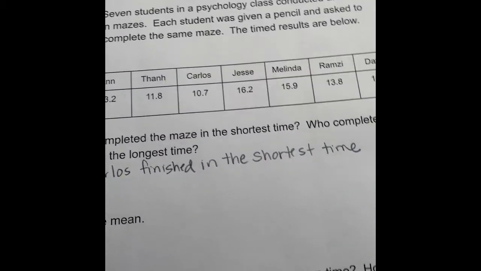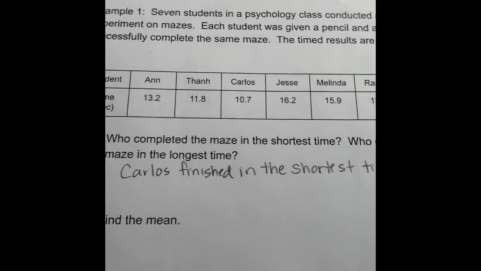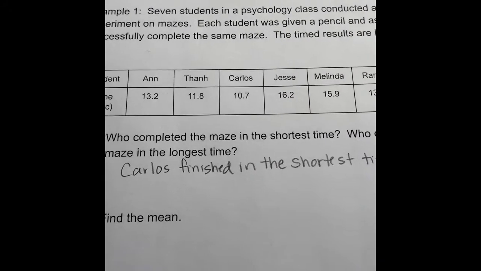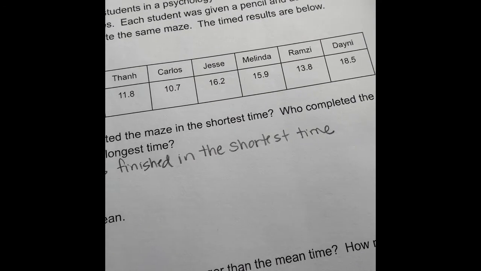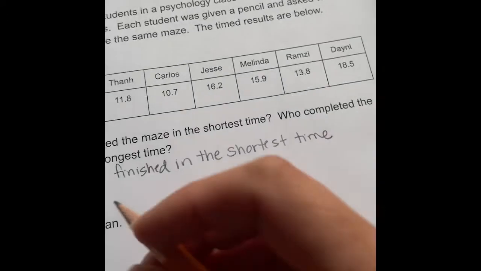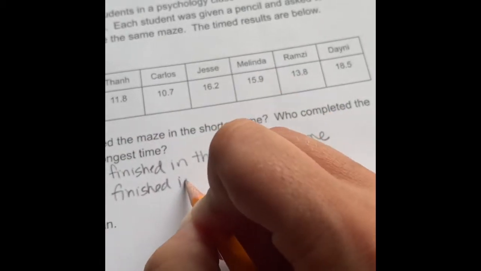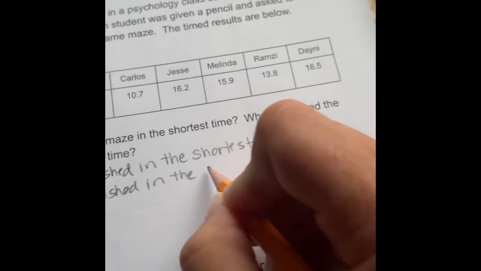And then looking at the data again, who completed the maze in the longest time, the person who took the longest, looks like it was Danny. So we can put that Danny finished in the longest time.